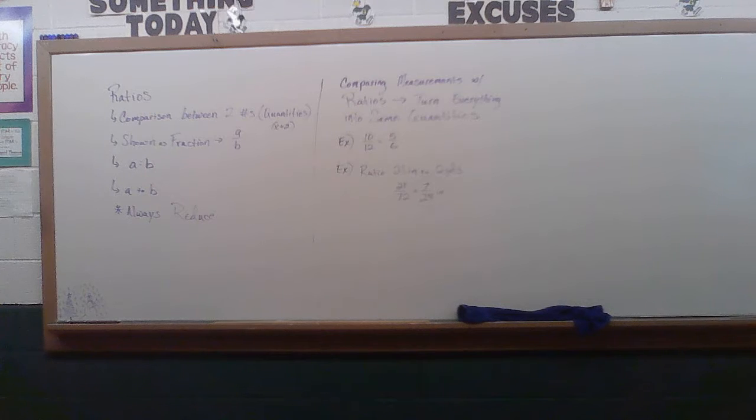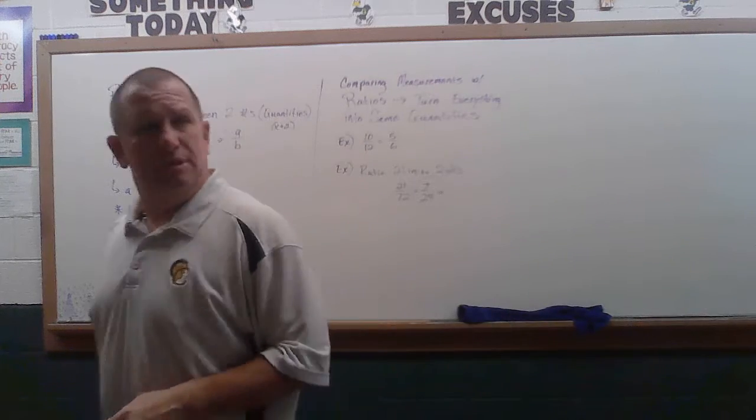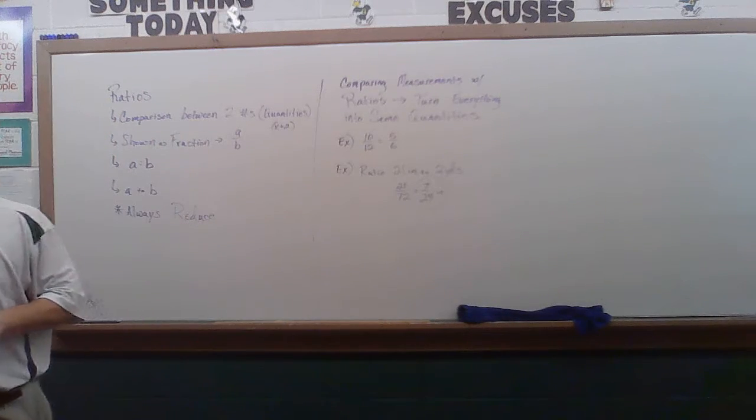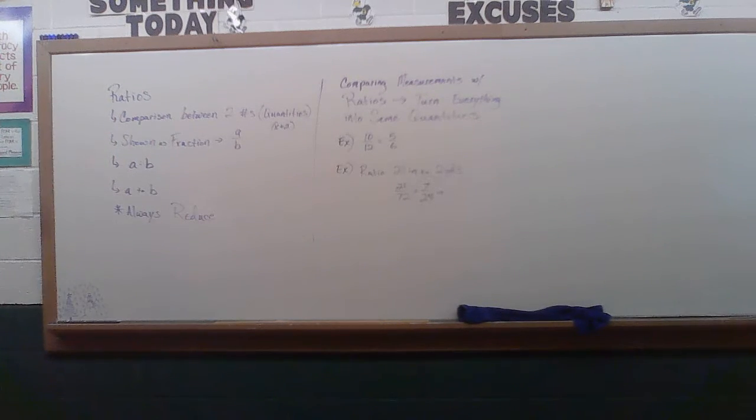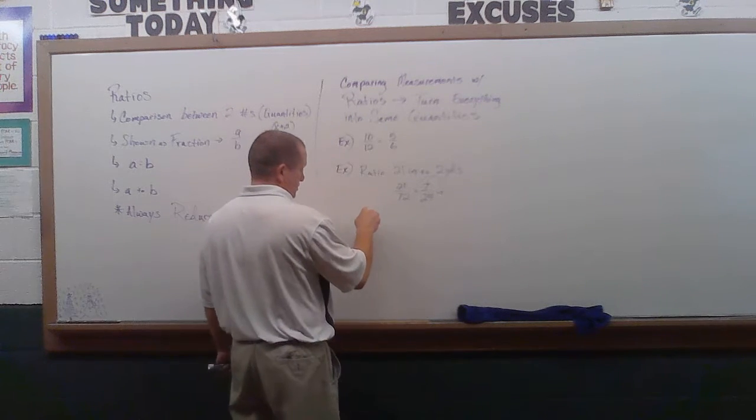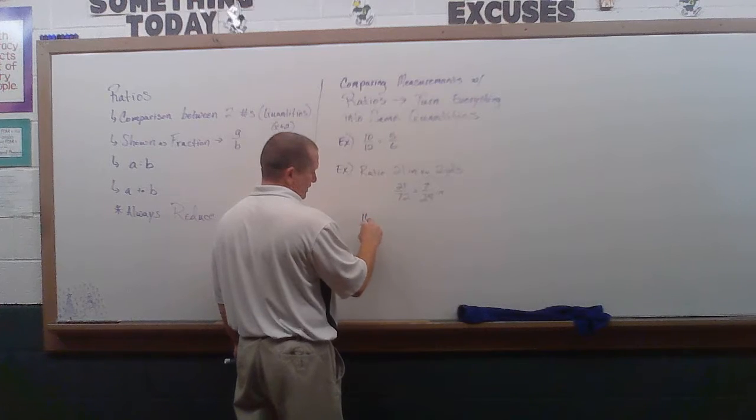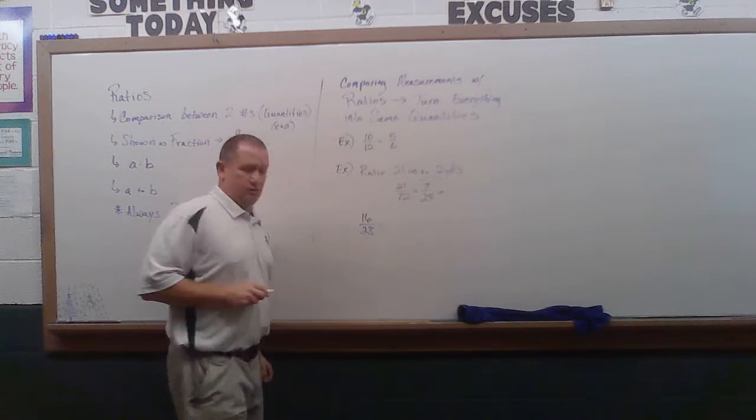How about this one? Kind of trying to trick you here in this last example. A class consists of 12 girls and 16 boys. Express the ratio of boys to the total number of students. Now we'd say what? 16 boys to 16 to 28, and then we would try to reduce, right?